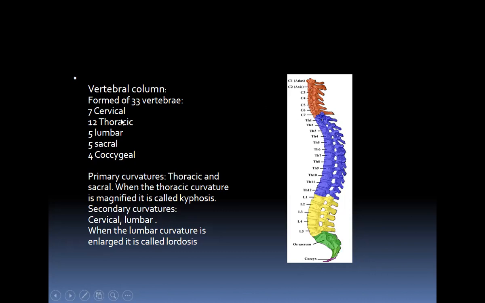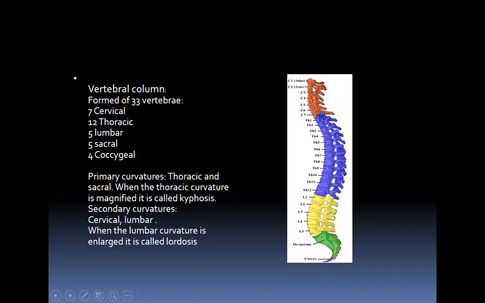Then 12 thoracics, T1, T2, T3 up to T12. Then 5 lumbar, L1, L2, L3, L4, L5. Then 5 sacral, which are fused together, S1, S2, S3, S4, S5. Then coccygeal, called Cx 1, 2, 3, 4. So totally there are 33 vertebrae.